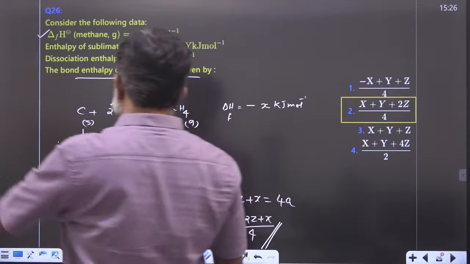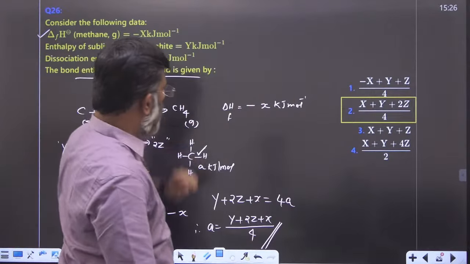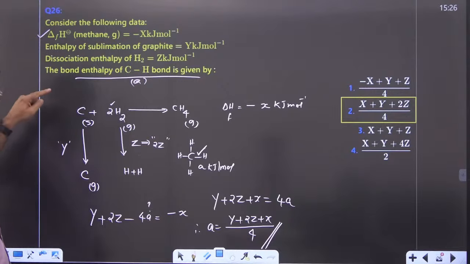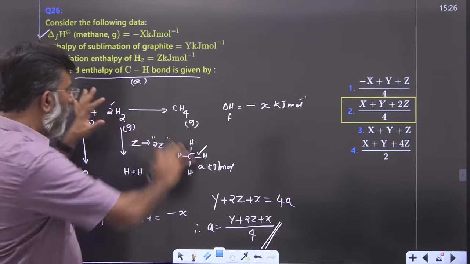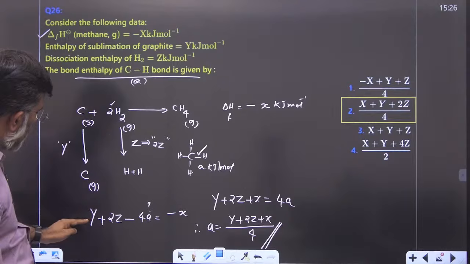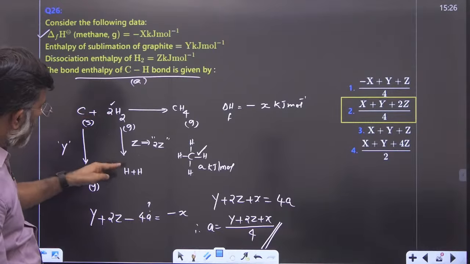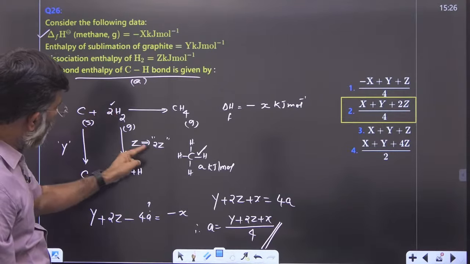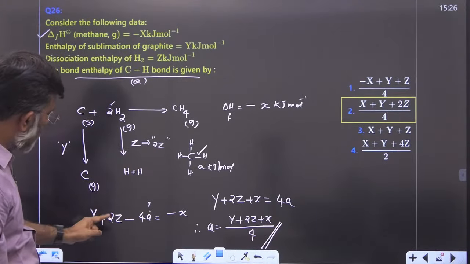So I repeat, the enthalpy of formation is minus X, and that will be equal to whatever is happening here. This is undergoing sublimation, Y. This bond is breaking for 1 H2, Z, for 2 H2, 2Z, that is plus.